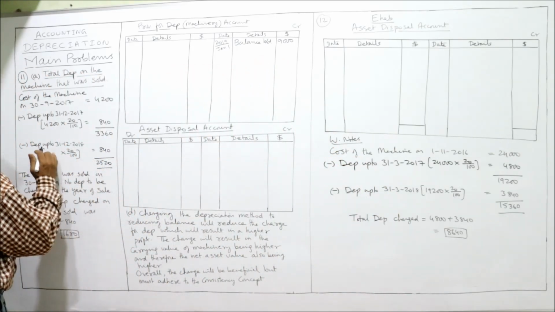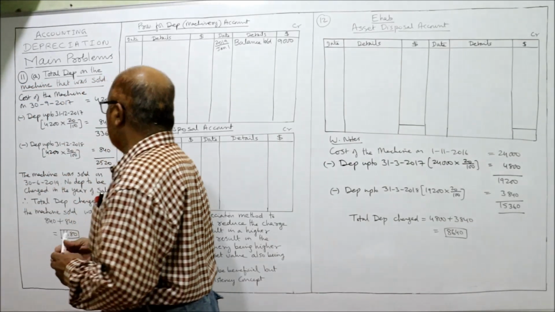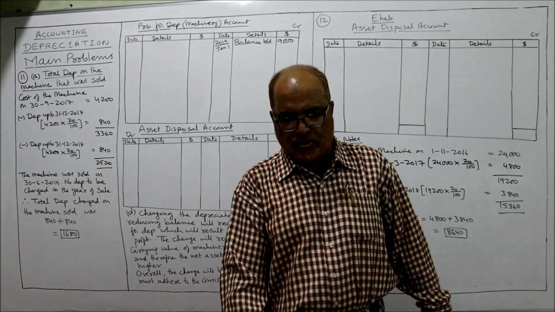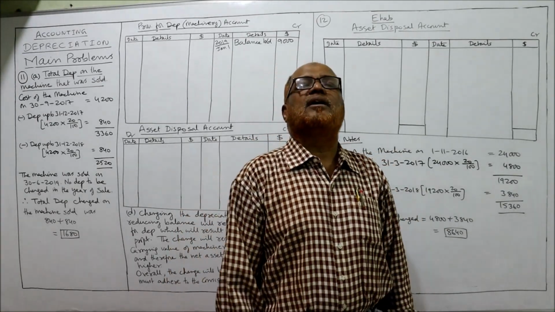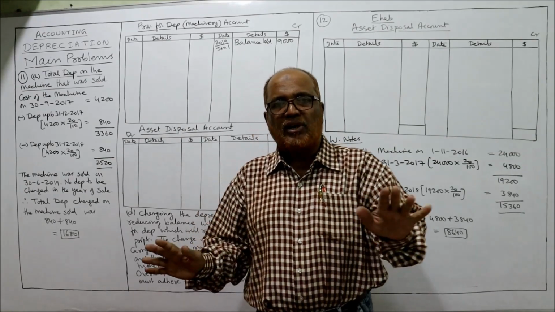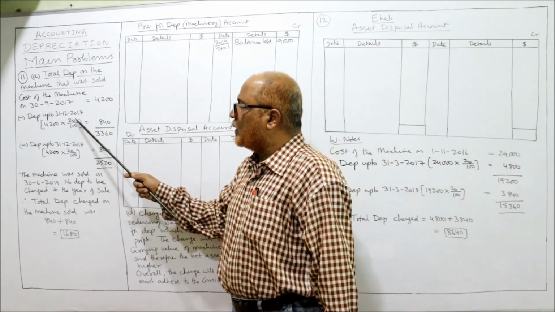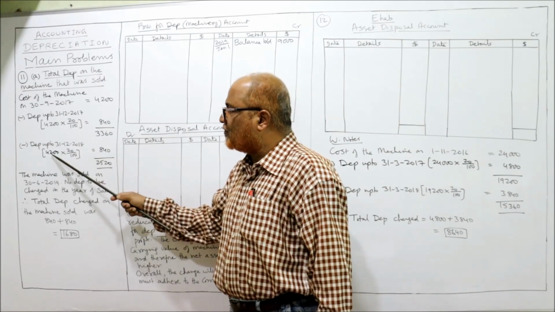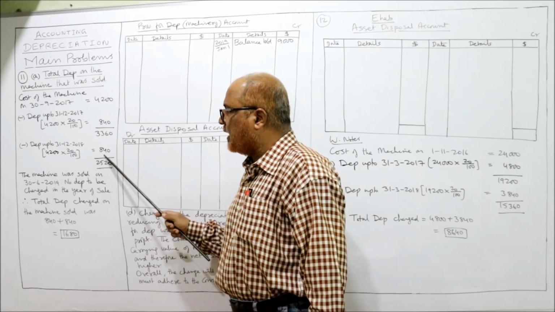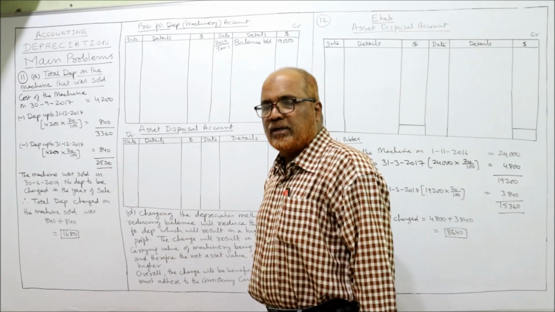It is not 3,360, it is 4,200. 4,200 into 20%, 840, because of the straight line method. In the straight line method, the amount of depreciation will remain the same on cost. So 4,200 into 20 by 100, 840. Here also 4,200 into 20 by 100, 840. Now the value of the machine is 2,520.